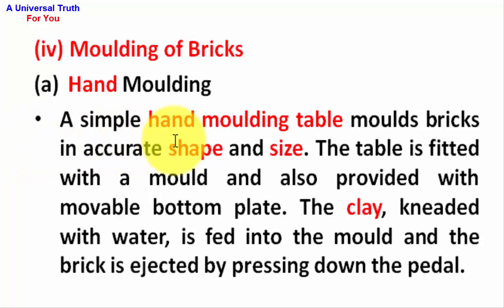A simple hand molding table molds bricks in accurate shape and size. The table is fitted with a mold and also provided with a movable bottom plate. The clay kneaded with water is fed into the mold and the brick is ejected by pressing down the pedal.